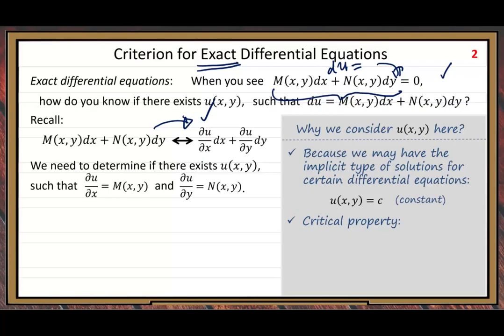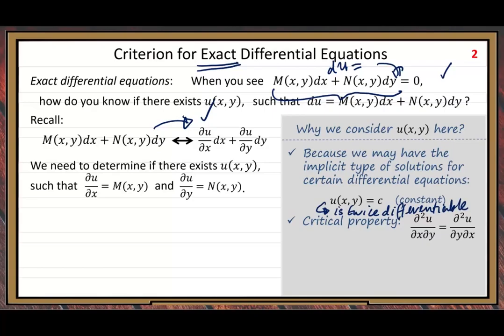There is an important basic theorem in calculus regarding the two-variable function. That is when u is twice differentiable. First we assume this u function is twice differentiable, so you can take derivative twice everywhere.